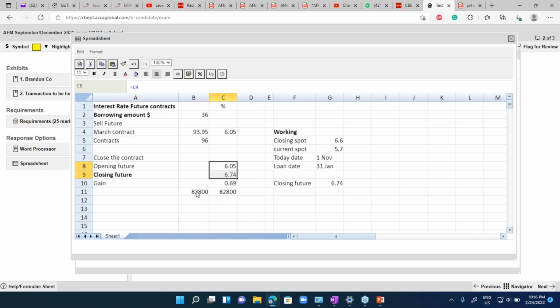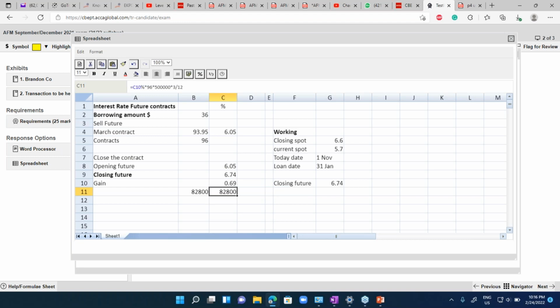So guys, there are two ways to convert the percentage gain into absolute gain. Number one is 0.69% into number of contracts 96 into contract size 500,000 into 3 by 12, because the future has a time duration of 3 by 12.